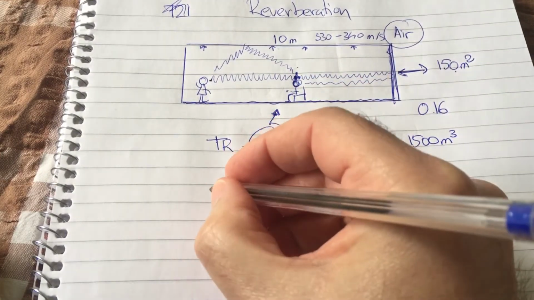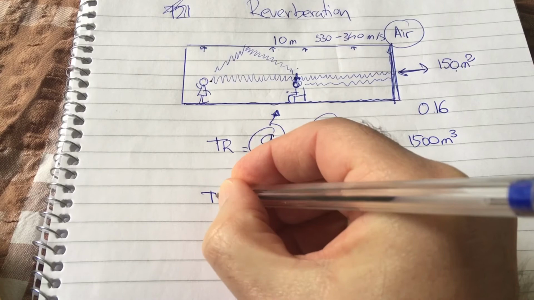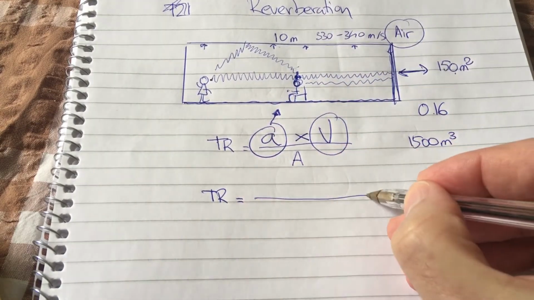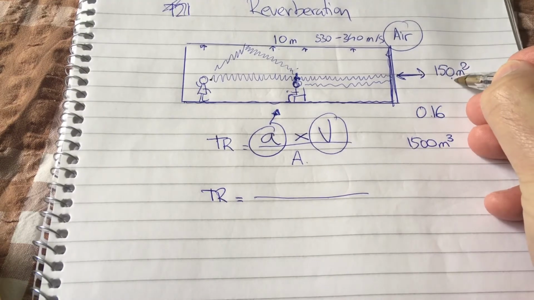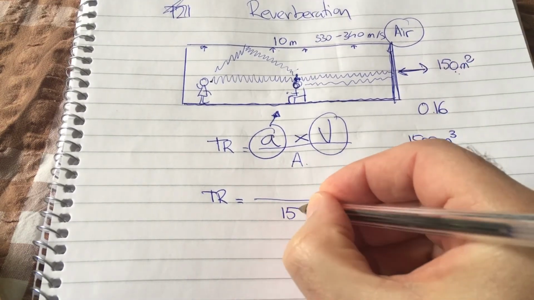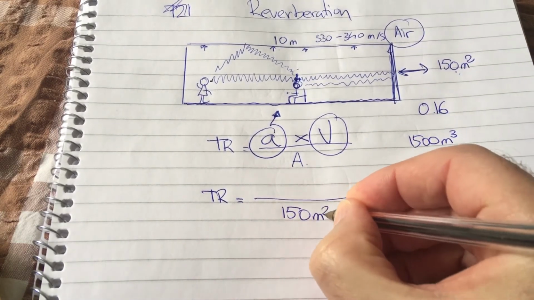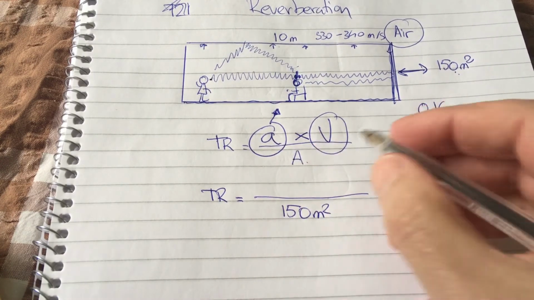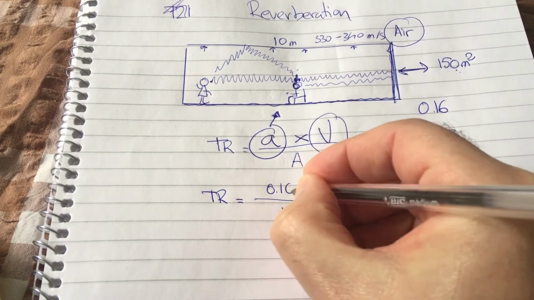Well, let's find the time of reverberation. TR, time of reverberation, equals the area. We said it's 150 square meters. Then we got A, which is the coefficient of absorption, which is 1.16 here.